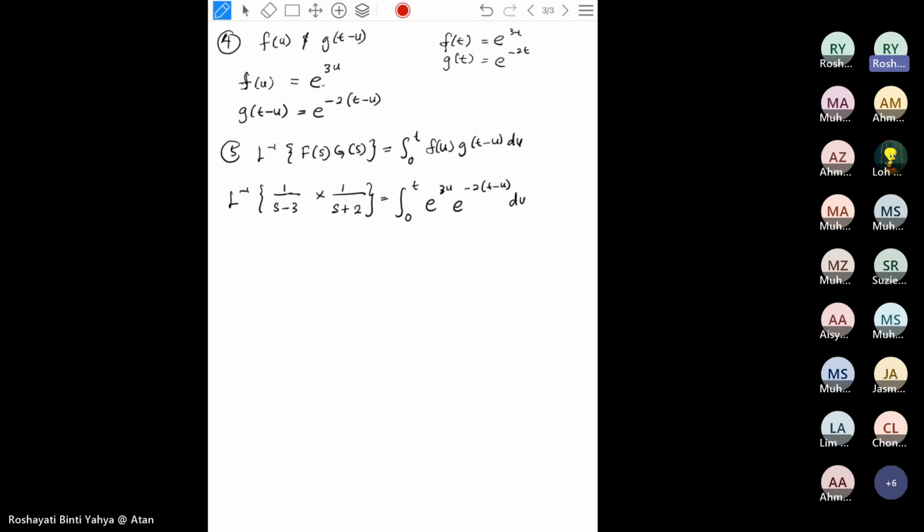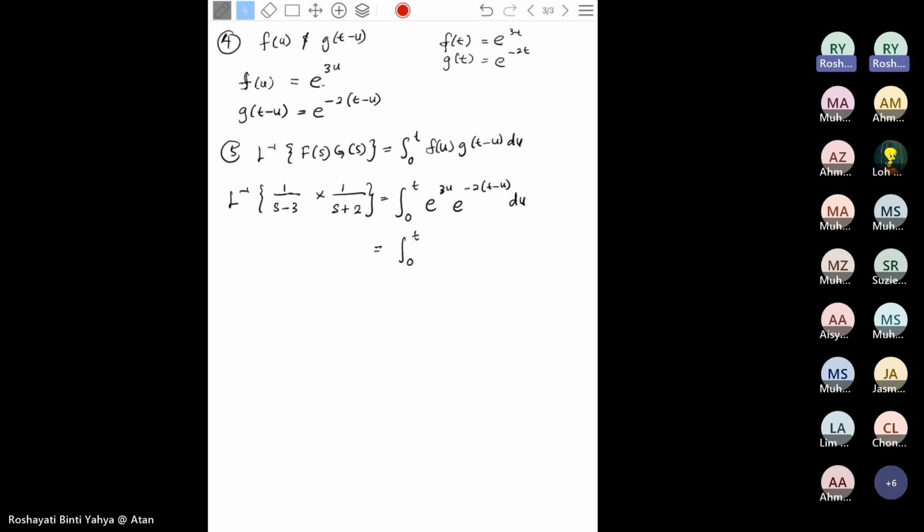Integrate on u, meaning du here, from 0 to t.